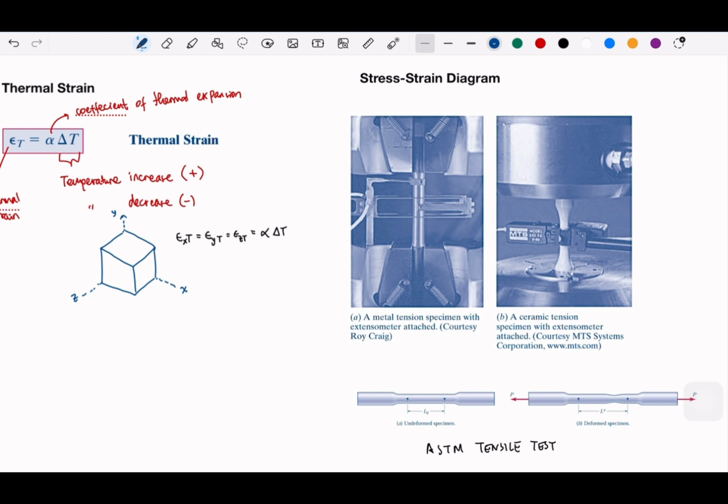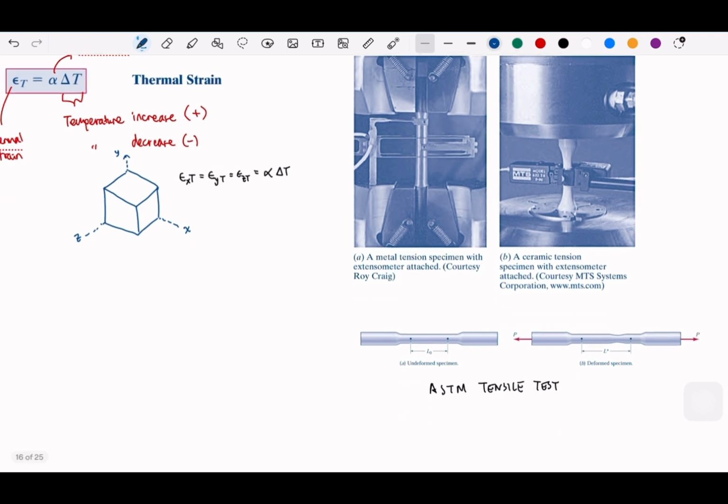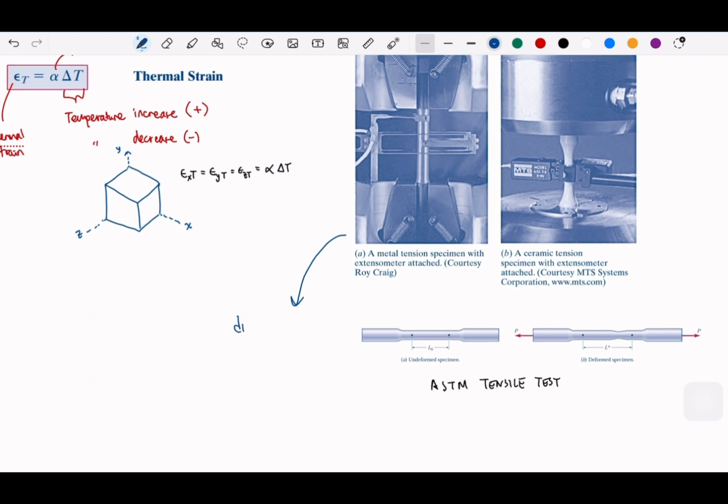So if you have worked with a data sheet for tensile testing, you will get the strain or displacement. From this machine or equipment, you will first get the displacement, and then force.